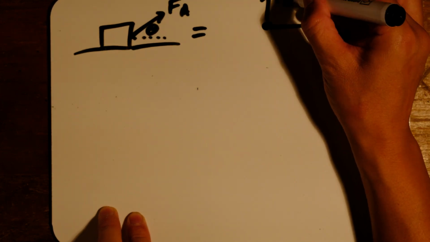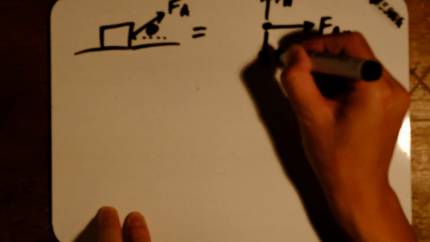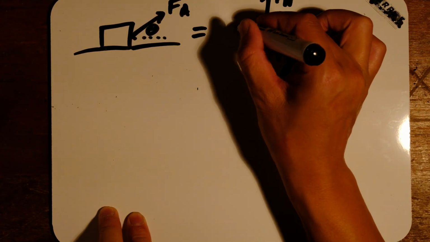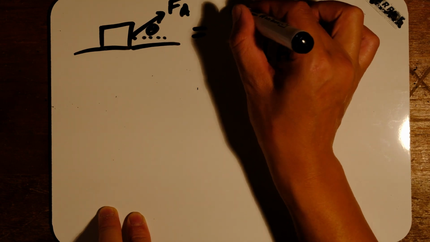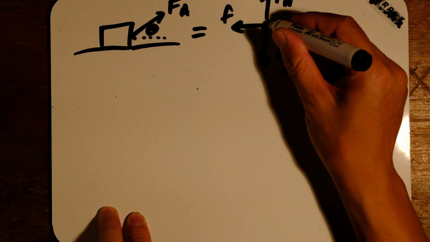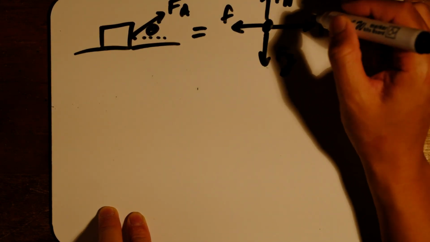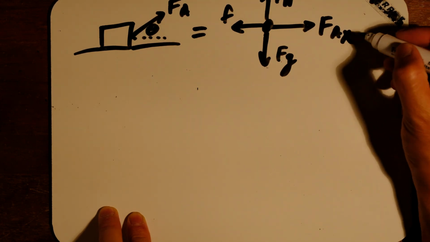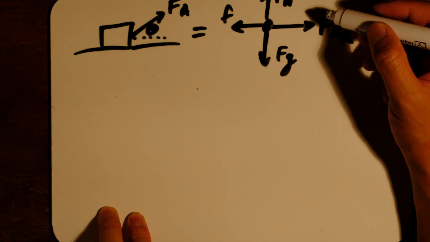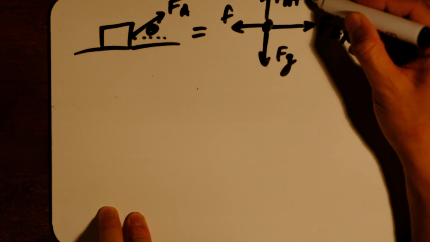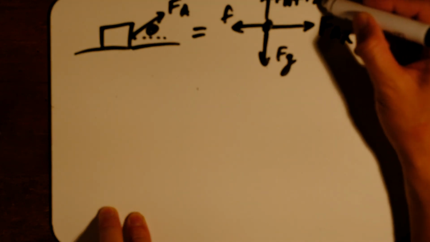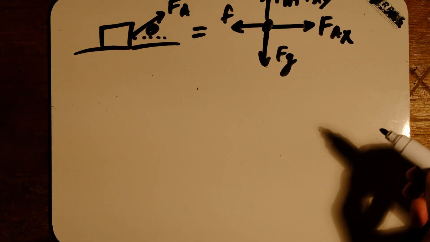Then this would be Fn, this would be Fg, and if friction is present, friction there. But because it's at rest, because we've got an FAX on the right hand side, FAY will be at the top.